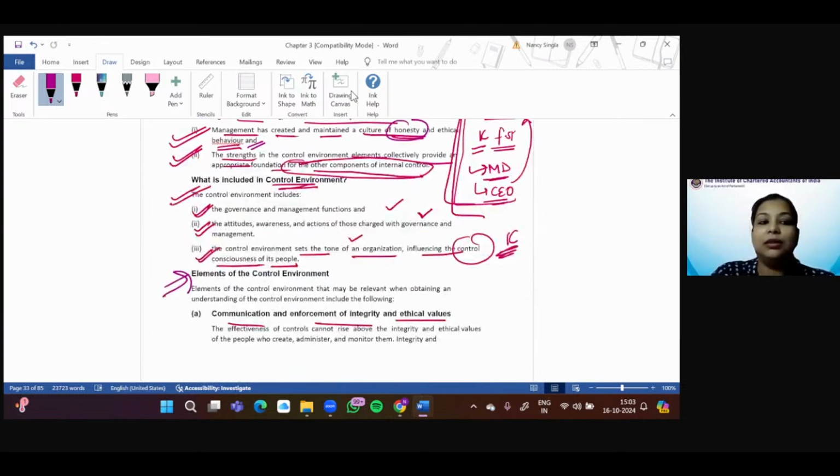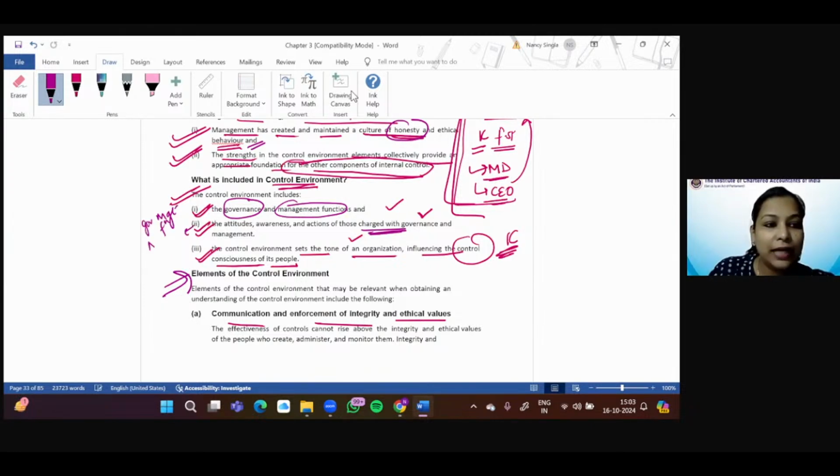Further, students, what is included in control environment? The governance and management functions. So the first point relates to the management. Then the attitudes, awareness, actions of those charged with governance. So I can say management plus governance functions.